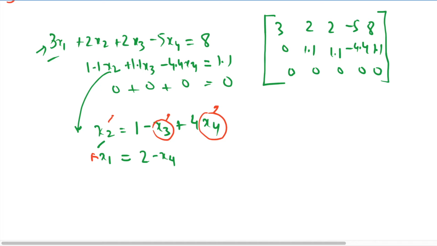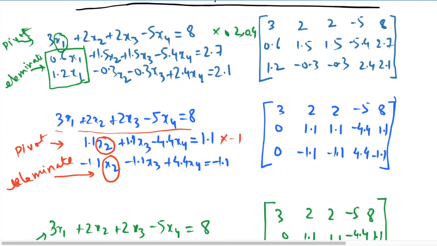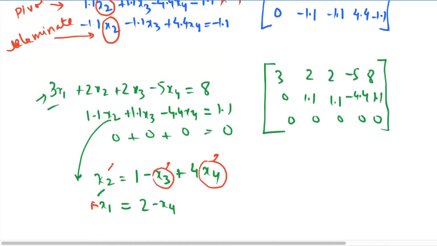And one more quick note: why we always try to reduce a Gauss elimination to a row echelon form is because it's easy to do back substitutions, right? Because what we are doing progressively is getting rid of unknowns as we go down the equations.